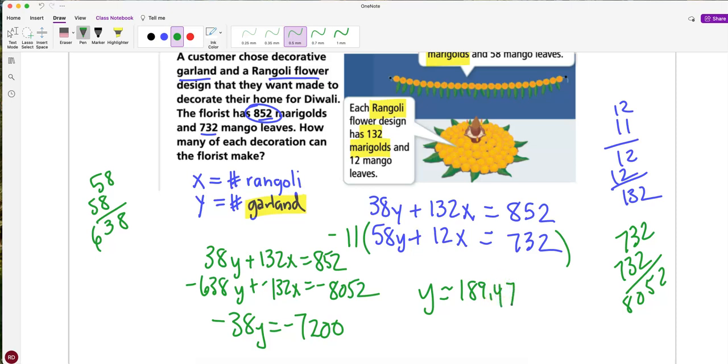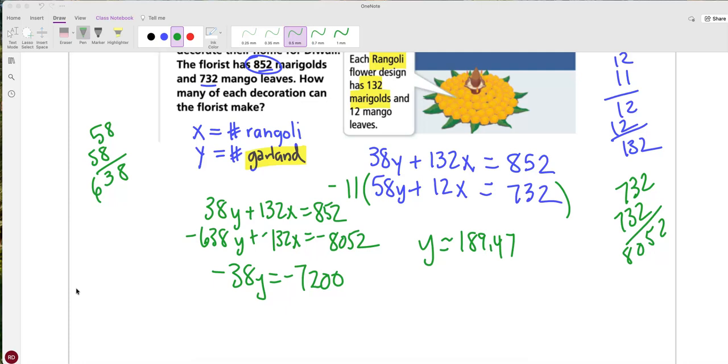Okay, make sure I did that right. No error on my part here. 638 minus 38 is 600, so negative 600y equals negative 7200, so y is equal to 12.